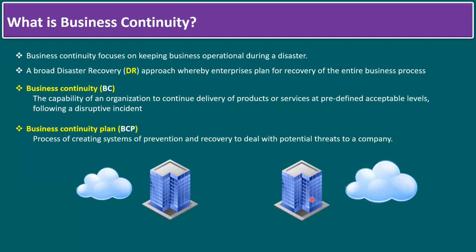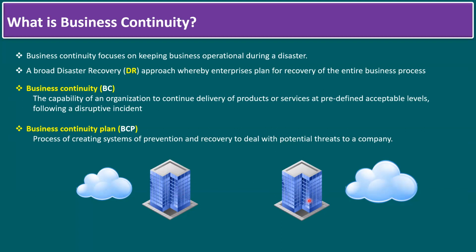Still they can operate their services from the site 2 location, because this is called business continuity in case of any outage on one site. And a business continuity plan is the process of creating systems of prevention and recovery to deal with potential threats to the company. So this planning is, let's say we identified there is an outage on site 1, we plan to move some of our key application team members to site 2.